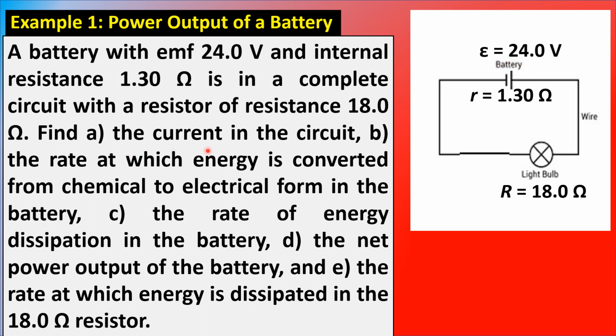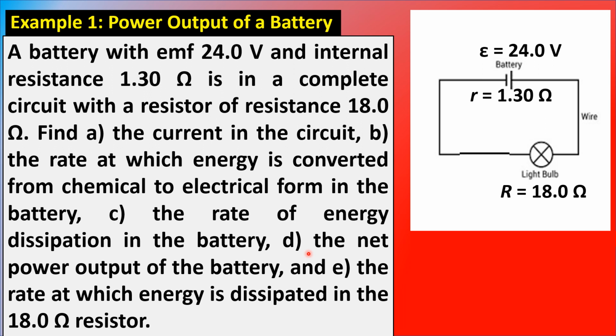The question for letter A: find the current in the circuit. Question letter B: find the rate at which energy is converted from chemical to electrical form in the battery. Question letter C: find the rate of energy dissipation in the battery.